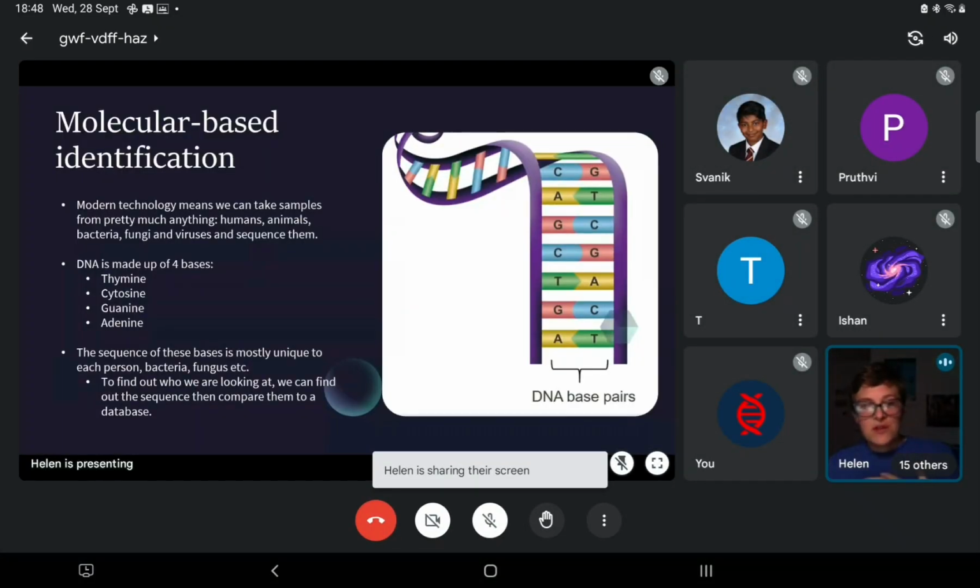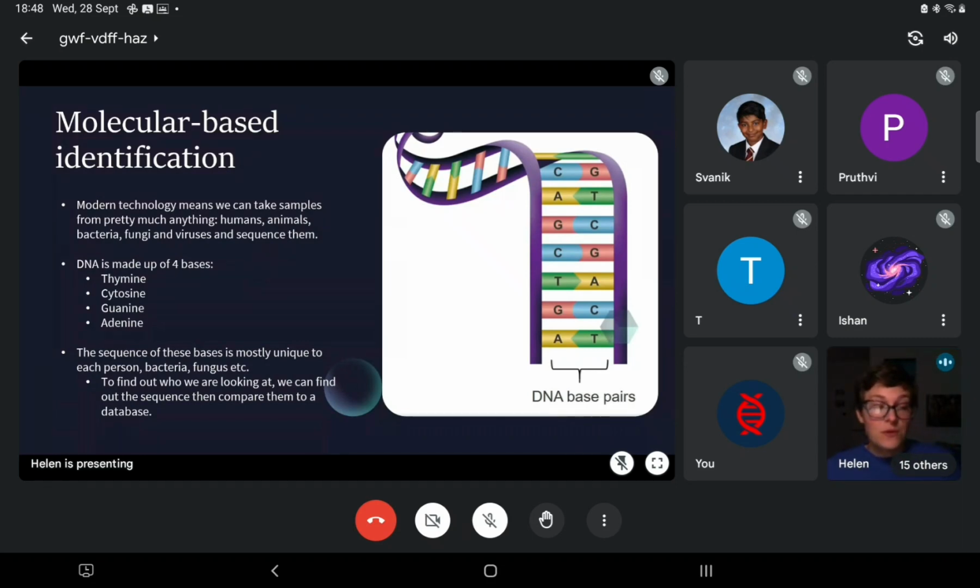So in order to find out, for example, bacteria, what we're looking for, we will find a little section of that sequence that every bacteria shares, okay? And then everything after that will be completely unique to that specific bacteria.